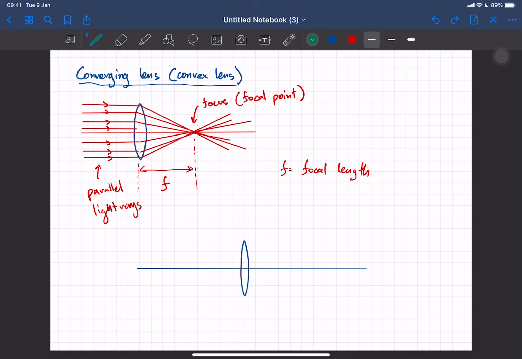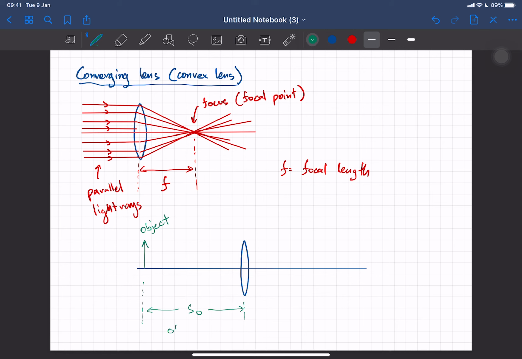But let's say we put an object at this location. This is the object. Can be anything, can be a car, can be a tree, can be a building. And the object is characterized by this distance, which we call S0 or SO, as in S of the object.